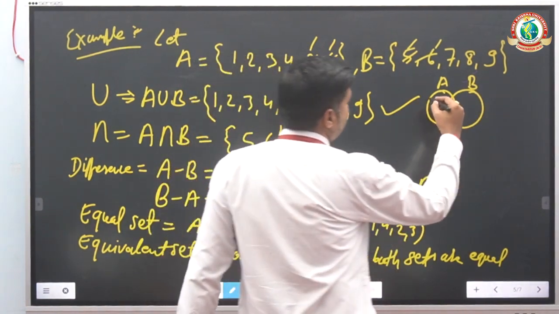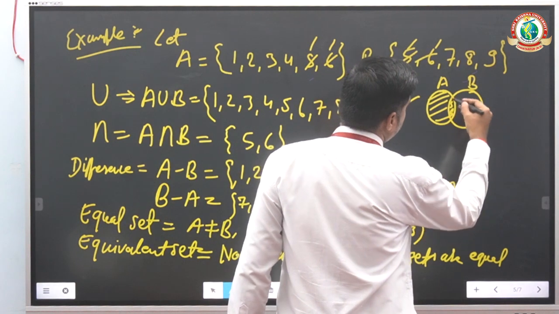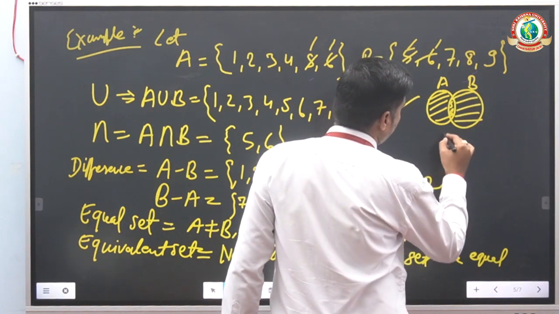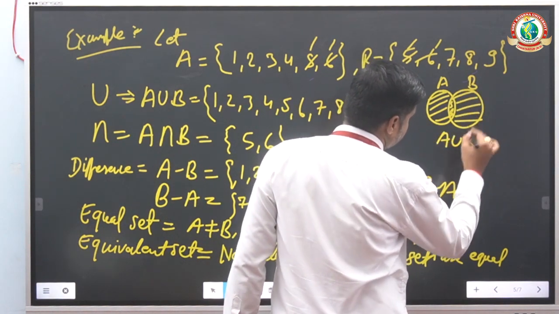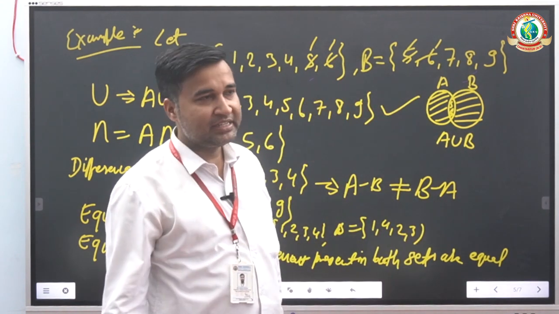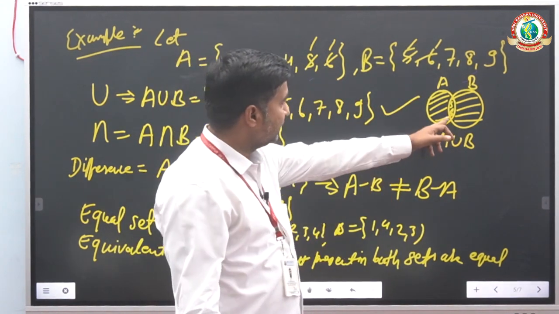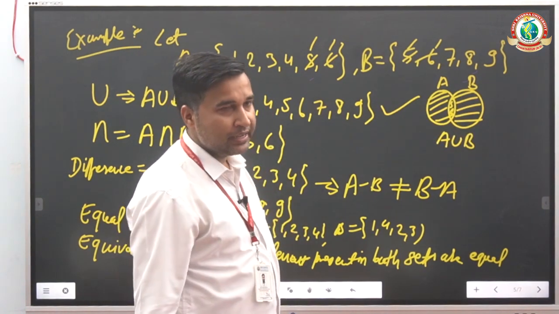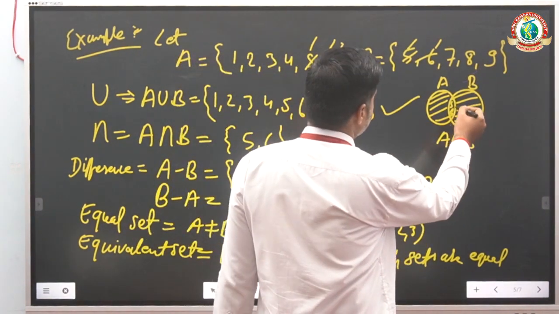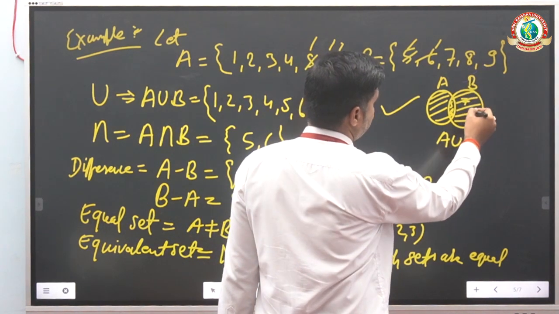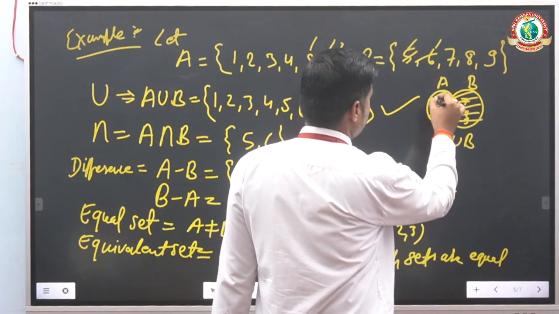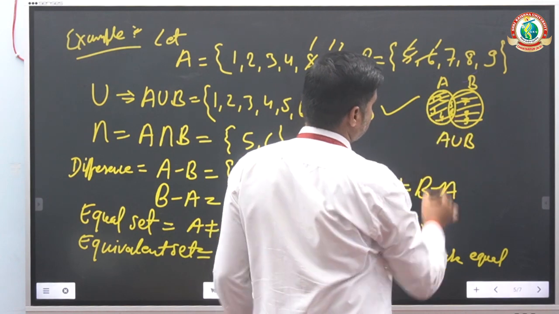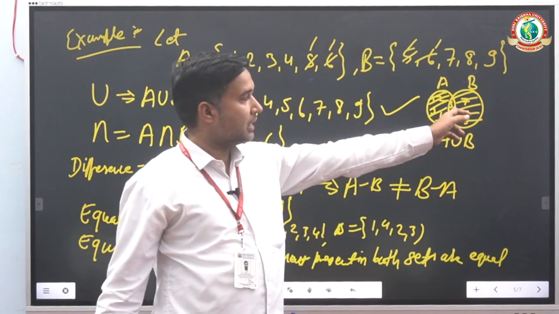But B set, the whole portion, because union takes all elements either present in A or present in B. So this is our Venn diagram presentation of A union B operation. Here we can say 5 6 here, then 7 8 9 here, and 1 2 3 4 here. 5 and 6 are common.